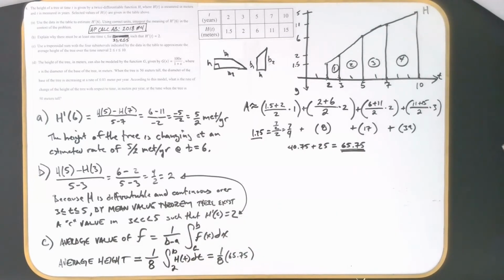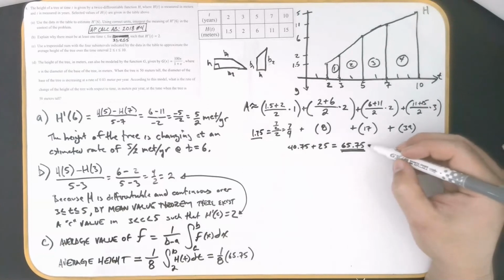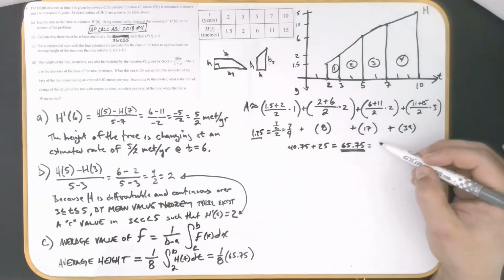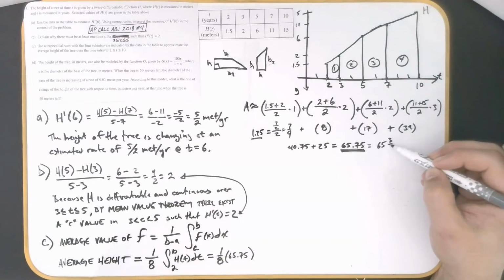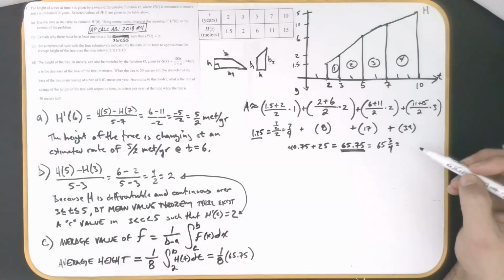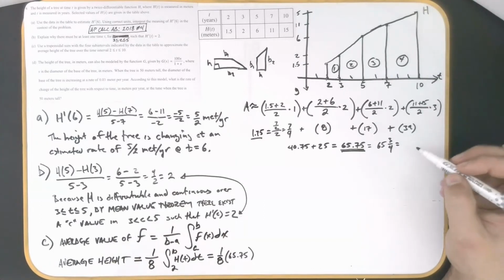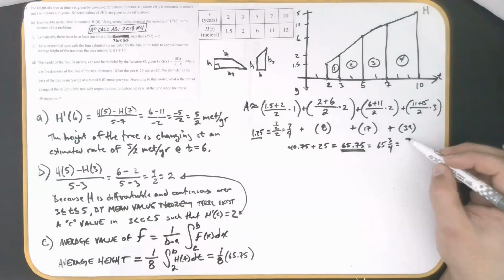For a non-calculator question, I think I'd have probably been fine for this, but if you felt like getting a common denominator here, what do we get? 65 3/4, that's the same thing. And if you convert that, you wind up getting 263, I believe, over 4.